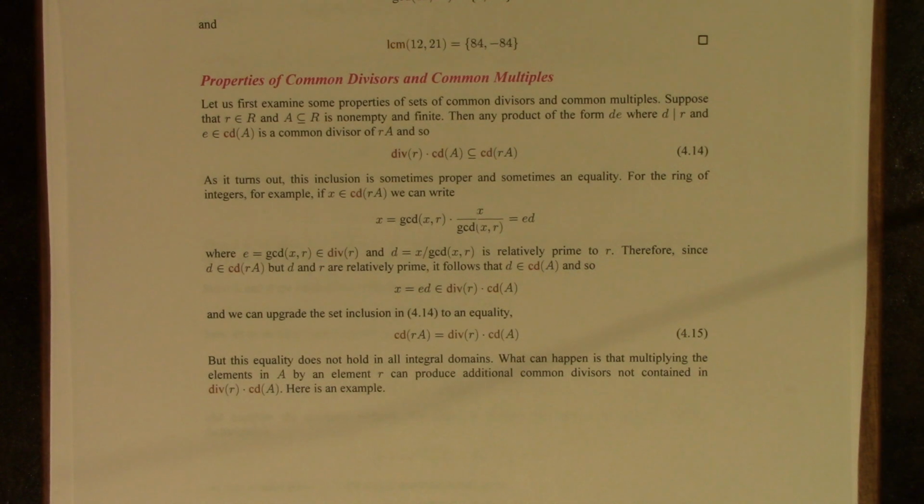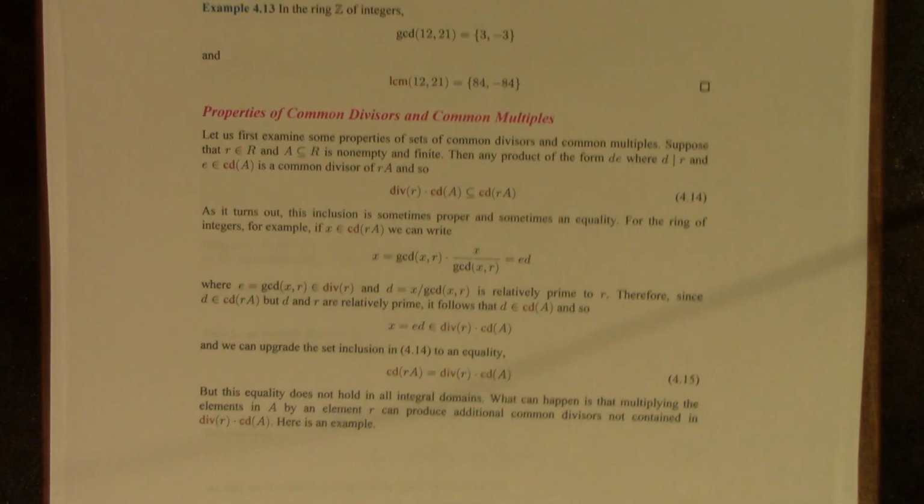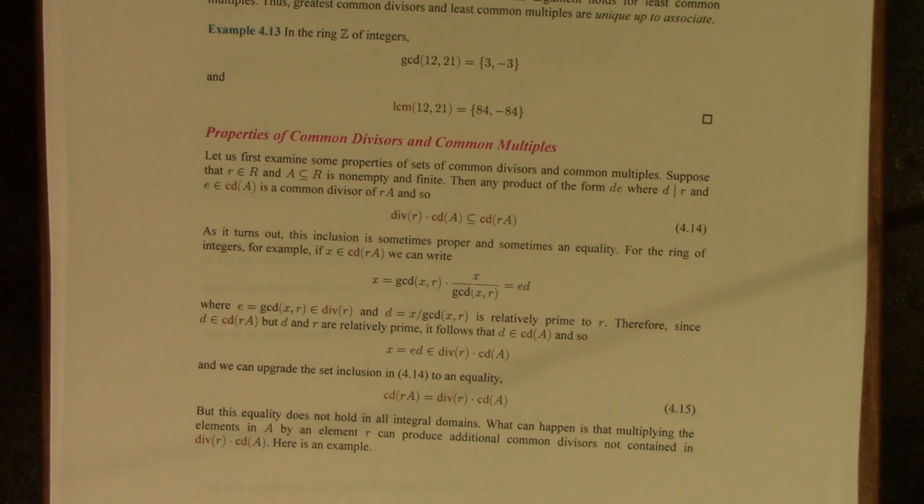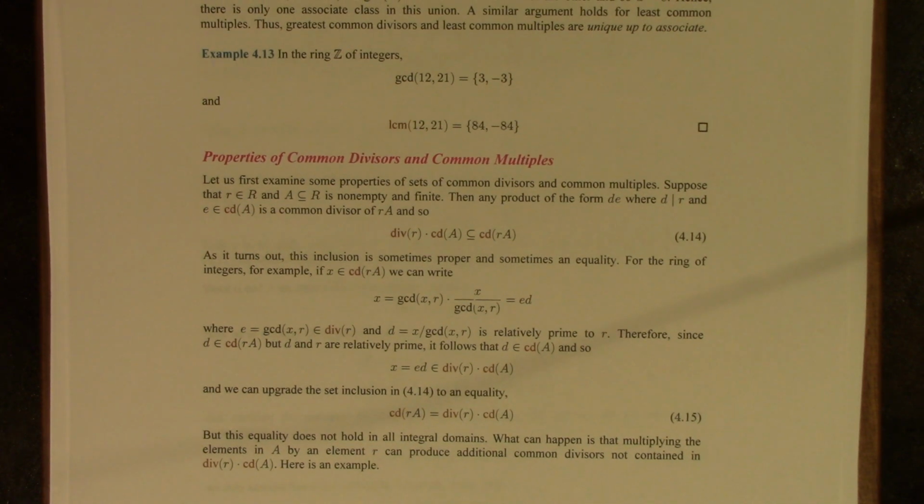But again, this does not hold in all integral domains. The integers are very special. The reason this is working out is not just for the integers, but for any integral domain in which you can uniquely factor elements into products of irreducible elements, unique up to order and up to associate.